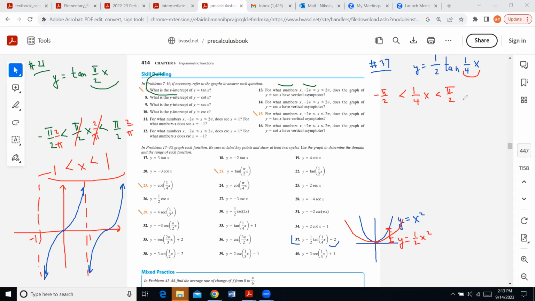You could just write it down. So I'm going to multiply by 4, because this way the denominator 4 is going to cancel. So we get x in the middle. On the right side, I'm going to get 2 pi, and analogously negative 2 pi will be on the left side.